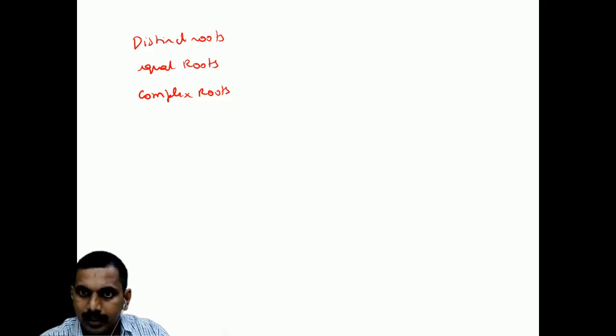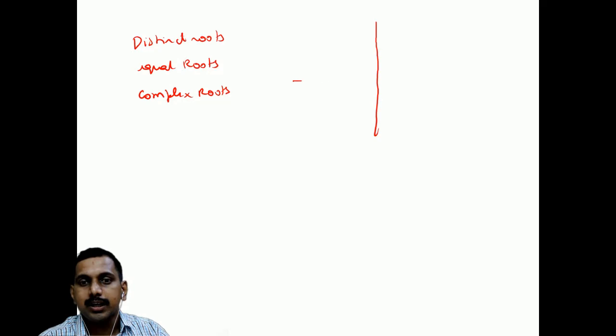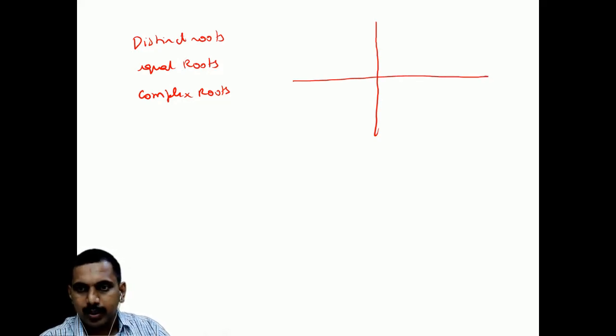So now if I see the roots in the complex plane, that is the Argand diagram, if I say z is equal to x plus iy, okay, the complex plane, then this would be x, this would be the real axis, correct?